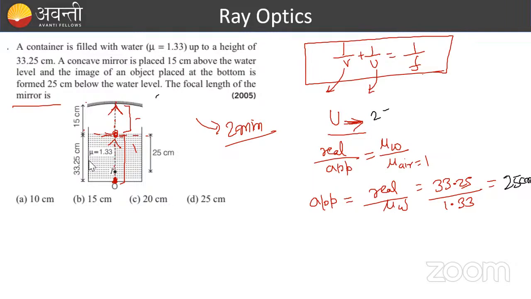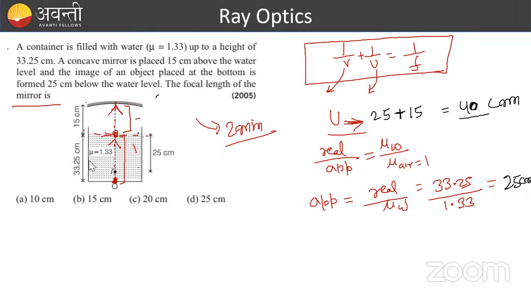Okay. So object distance will be how much? 25 plus 15. So this is equal to 40, isn't it? Now what is happening? Image is getting formed at a distance of 25 centimeter below the surface of water.